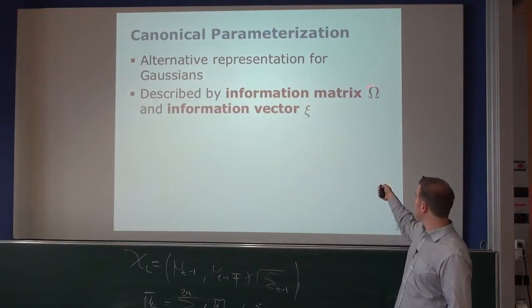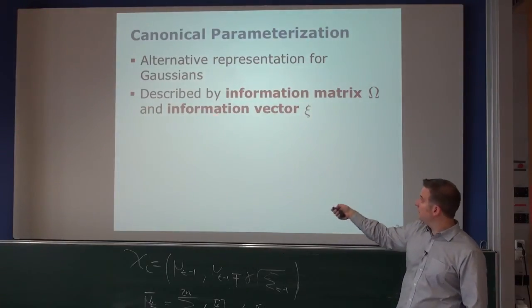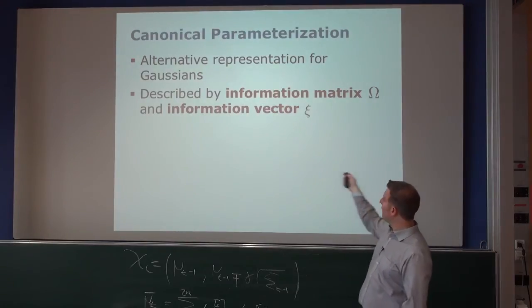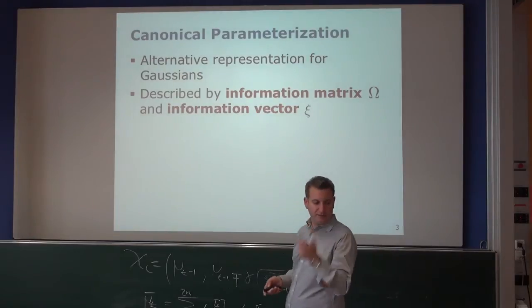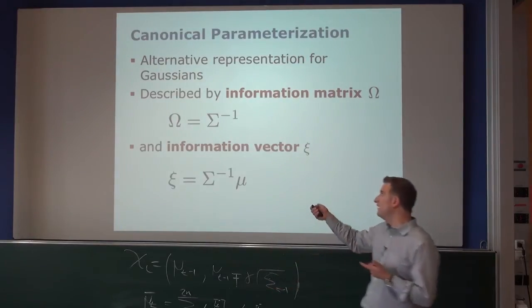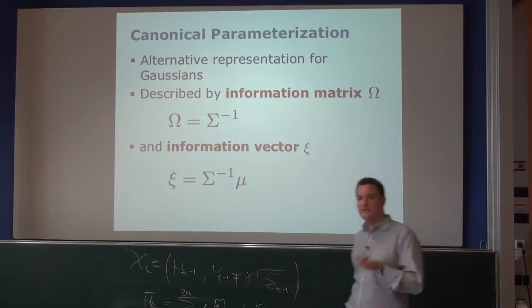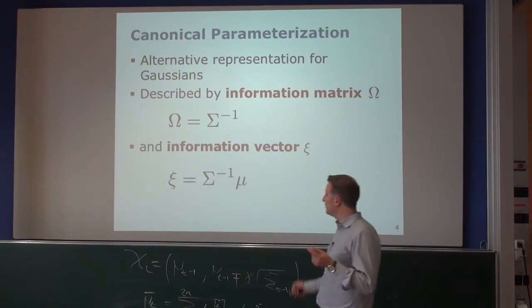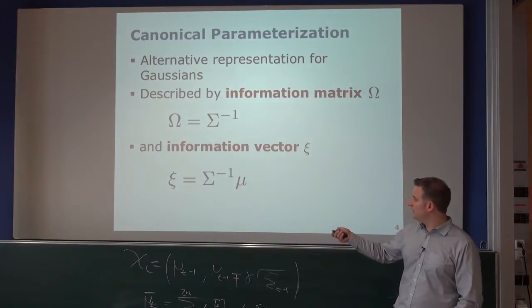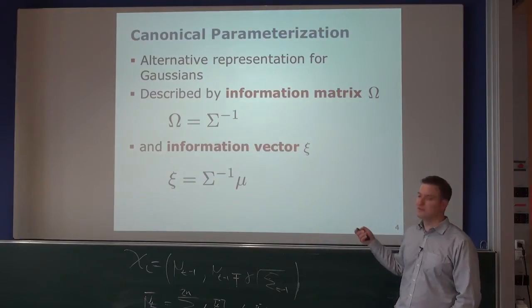The information matrix is typically called omega, and you have an information vector xi, again a matrix and an information vector. The information matrix is given by the inverse of the covariance matrix, and the information vector is given by the information matrix times the mean.